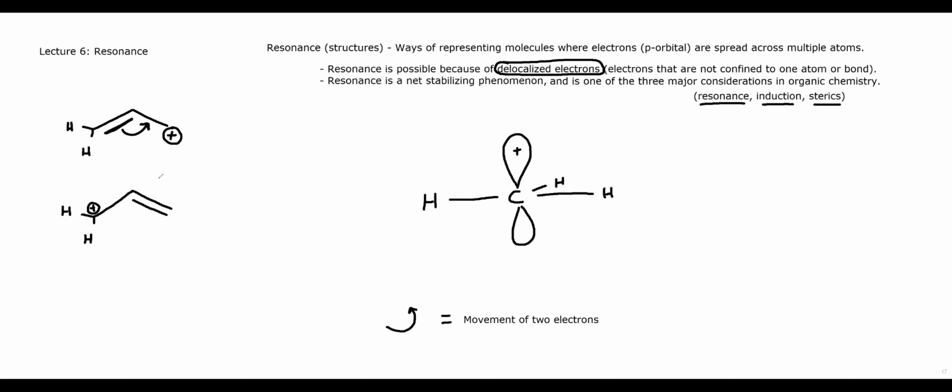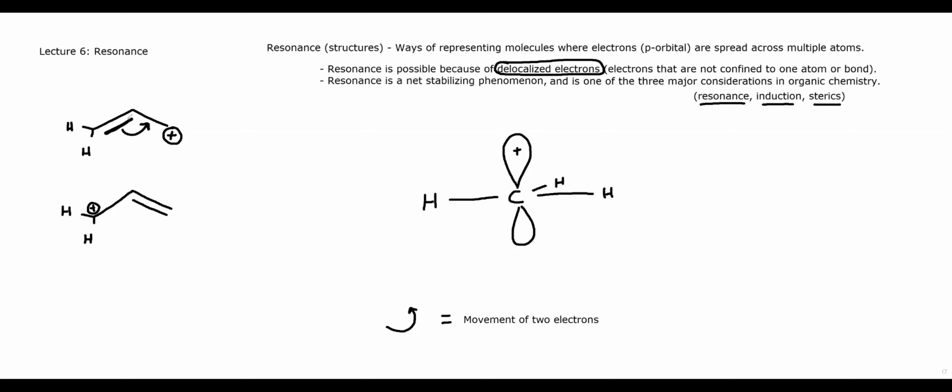This is what we would call resonance. Resonance is when these delocalized electrons, typically in a p orbital, so think pi bonds, are able to move next door to an adjacent atom or an adjacent bond.